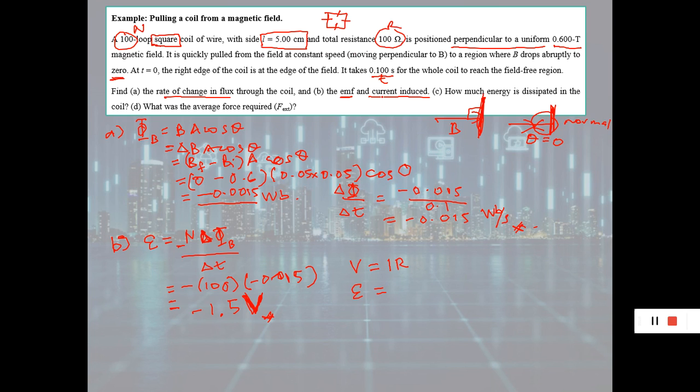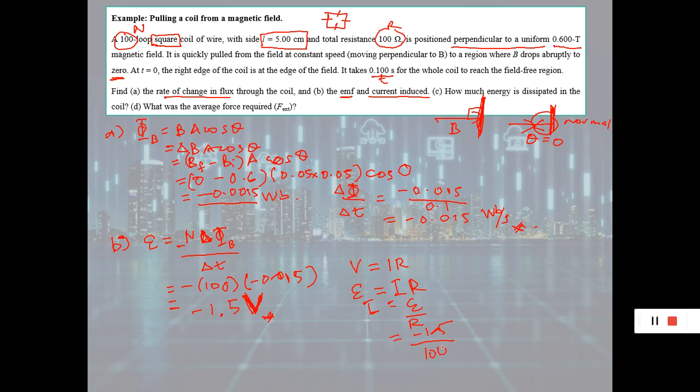So you need to find the I, and R is given. So I is EMF over R, whereas EMF is negative 1.5 over R, R is 100 ohm.